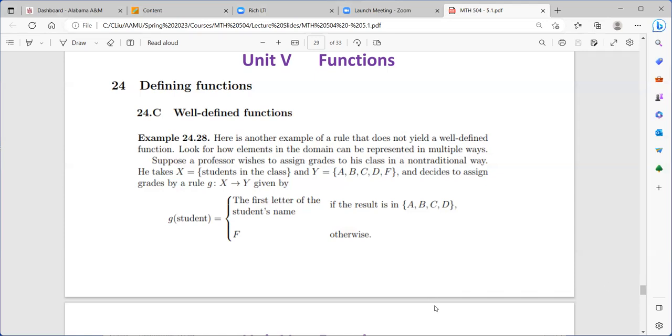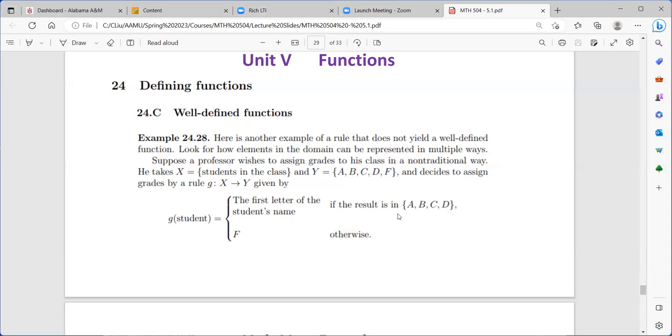So the function g takes the input from the student name, or student, and the output will be piecewise defined, obviously. So when the first letter of the student's name is in the set of A, B, C, or D.